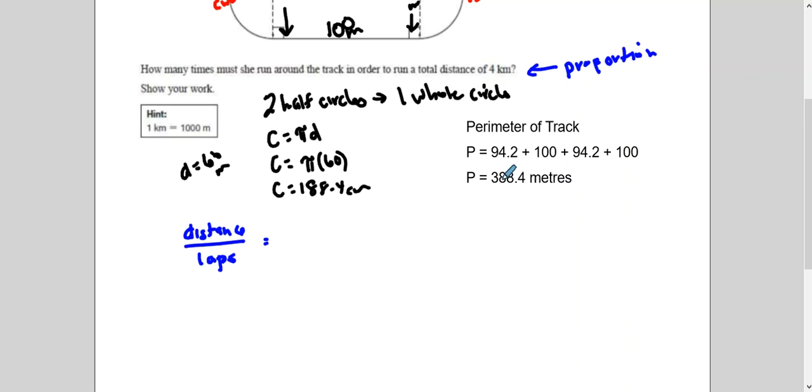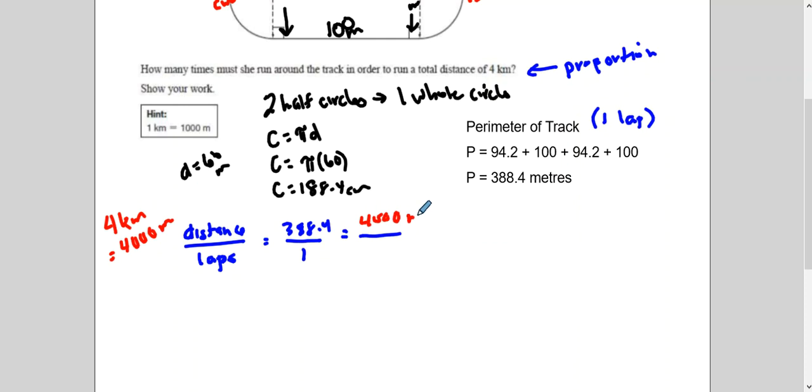All right, well, what we know here is we know that this is 1 lap of that track, 388.4. Well, we want to know the distance, 4 kilometers. Well, 4 kilometers is equal to 4,000 meters. All right, so we can put that into there. Now we can solve for x.